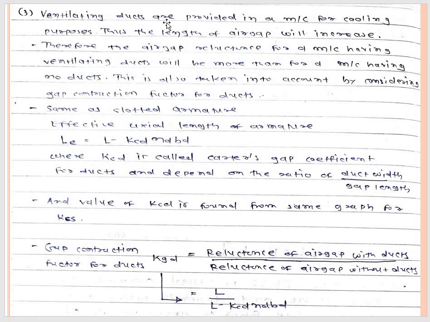The length of the air gap will increase due to these ventilating ducts. Therefore, the air gap reluctance for a machine having ventilating ducts will be more than for a machine having no ducts, and this is also taken into account by considering a gap contraction factor.